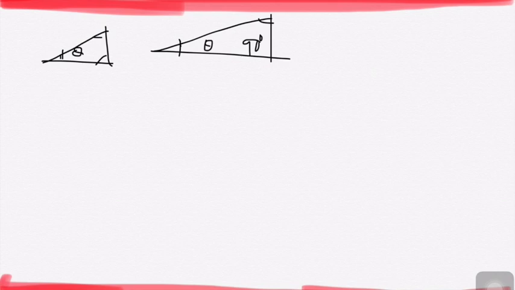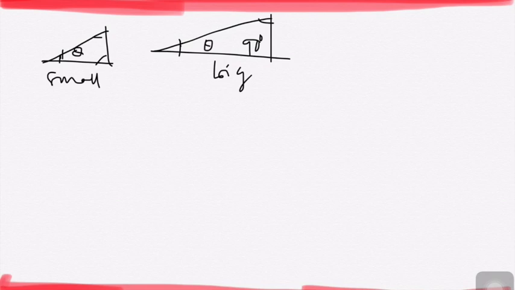So in this we are going to cover what if two triangles have the same angles. For example, for these two triangles, this is a small one and this is a big one, and the angles are the same. This is also theta, this is 90 degree, this is 90 degree minus theta.